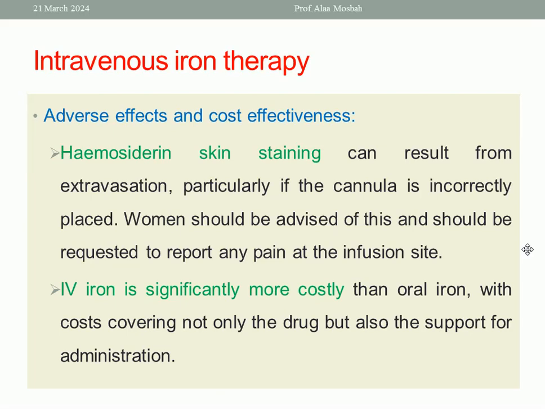Women should be advised of this and should be requested to report any pain at the infusion site. Any pain at the infusion site may be a sign of extravasation because it is painful.